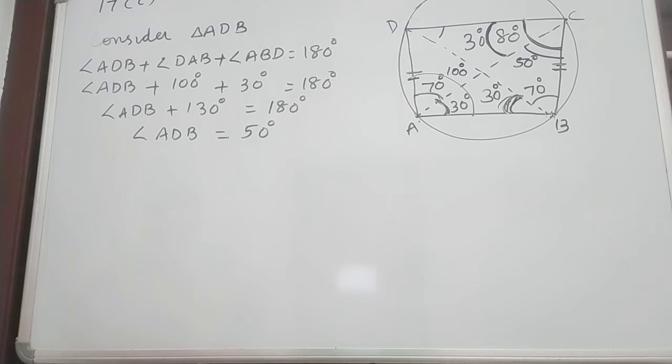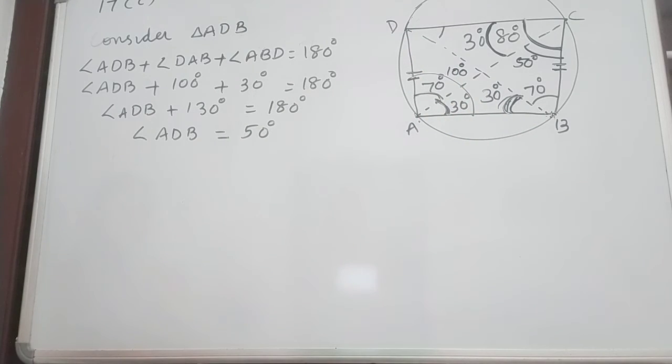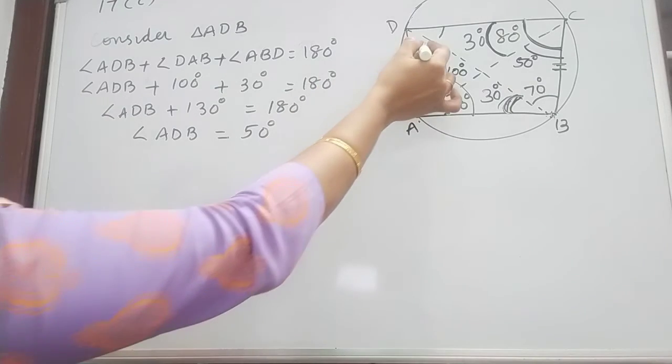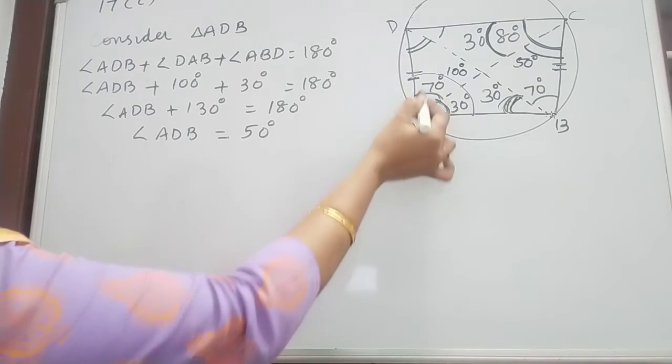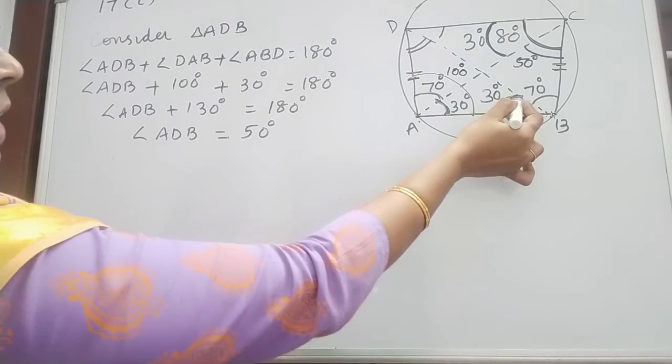Next we want to find out angle ADB. For that consider triangle ADB. We know the sum of angles of a triangle is 180 degree. We want to find this angle D. We know this angle A is 70 plus 30, which is 100. This angle is 30 degree.